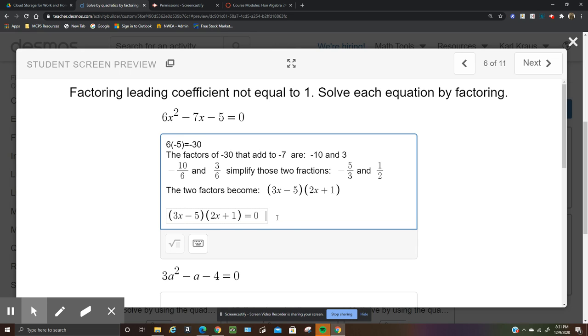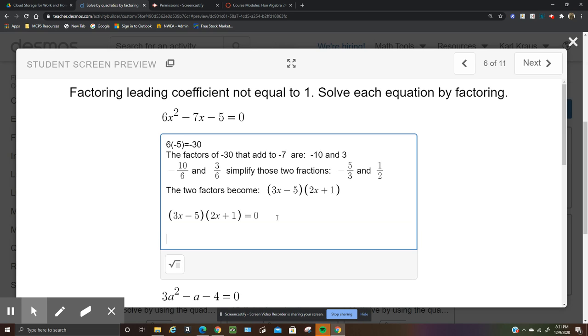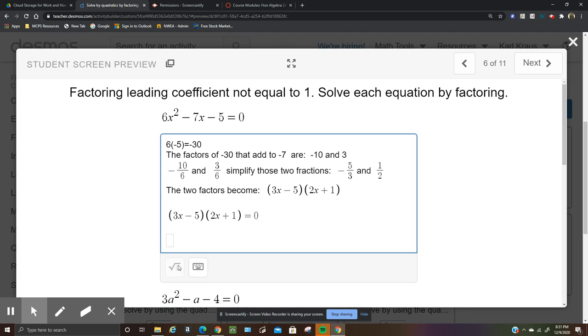Equate each factor to 0. 3x minus 5 equals 0, or 2x plus 1 equals 0.